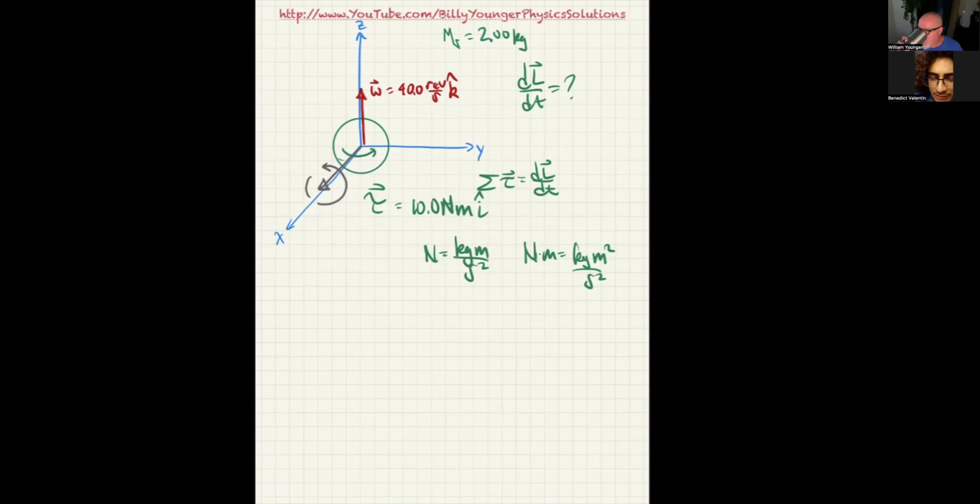I'm trying to understand the directions from the instructions and what you drew. When they say omega is going in the positive z direction, does that mean it's rotating in a positive z direction, or that's the axis? The right hand rule puts your thumb in the positive z direction. And that would be the same for the torque. Exactly.